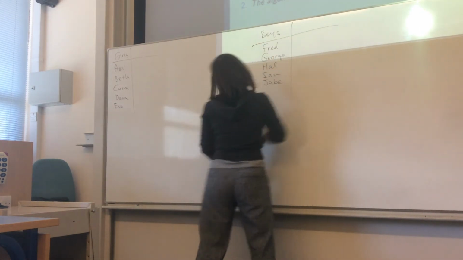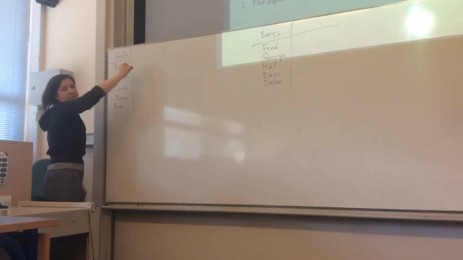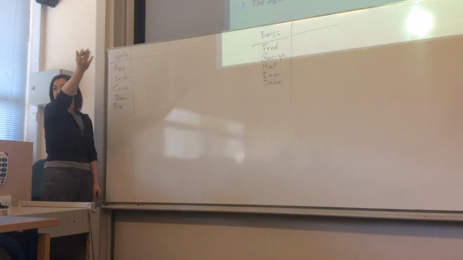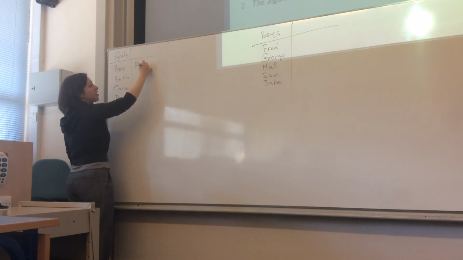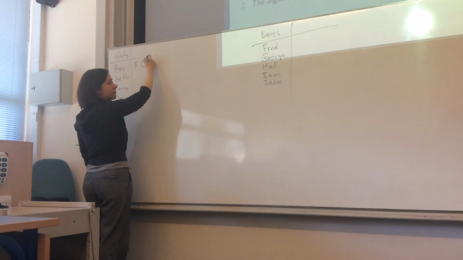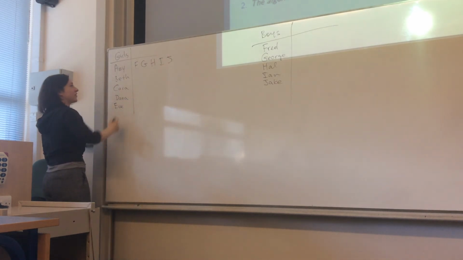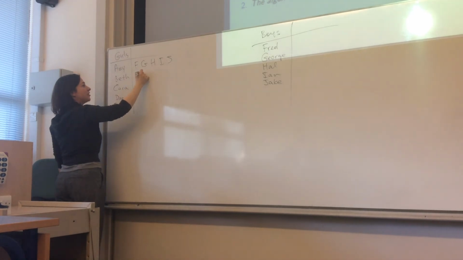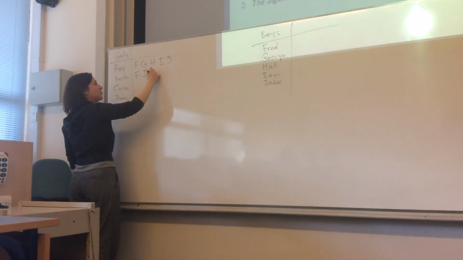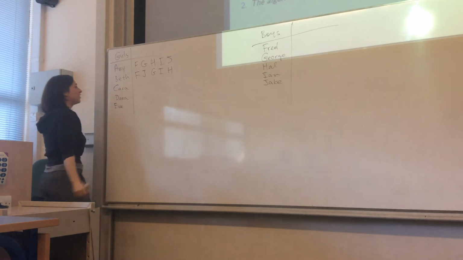Let's come up with preferences. Amy: F, G, without loss of generality, she's the first one. Hal, Ian, J. Beth also likes Fred, then she likes Jake, maybe, then George, then Ian, then Hal.